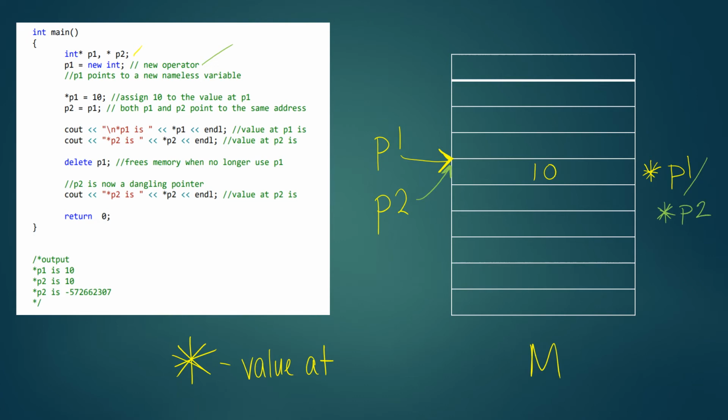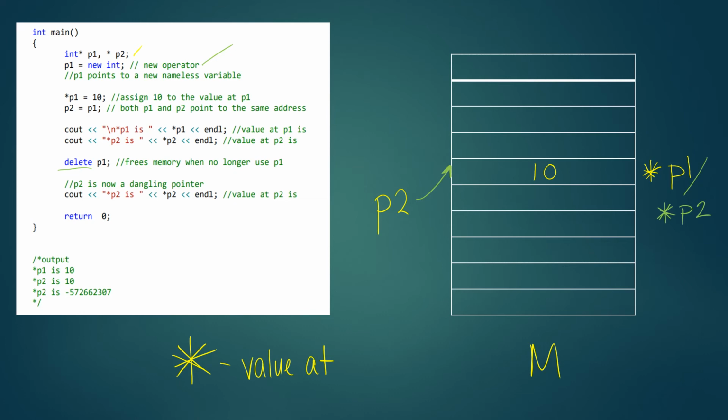So if we print onto the screen the value at P1, we would print 10. The value at P2, we would print 10. Now what happens here? This delete is to free up memory. So if we say delete P1, P1 no longer exists.